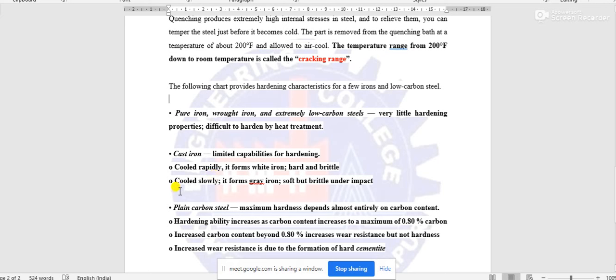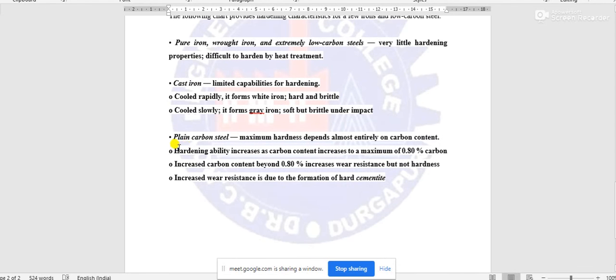If the hardening is done by slow cooling, then the cast iron will not be hardened, but will be soft. And the main material, plain carbon steel or alloy steel, will be hardened by heat treatment properly, and in that case the amount of carbon is increased to increase the hardening capability of the steel.